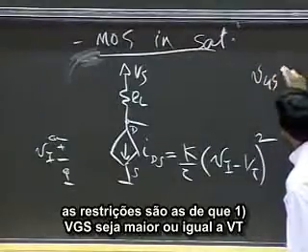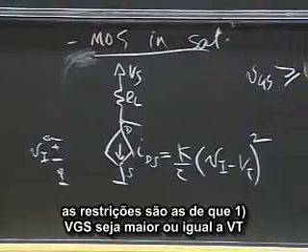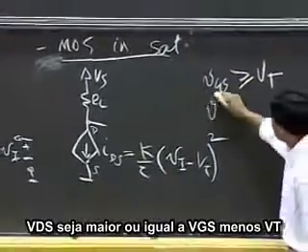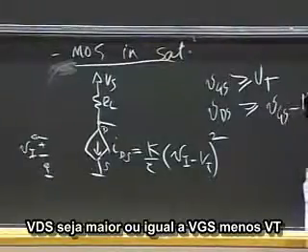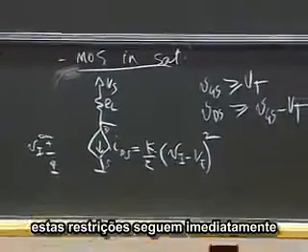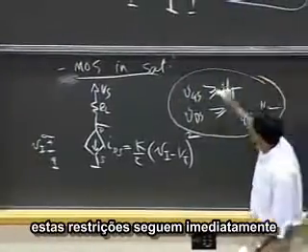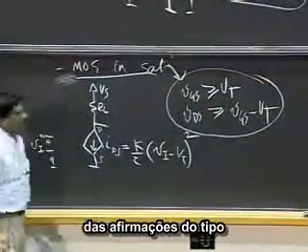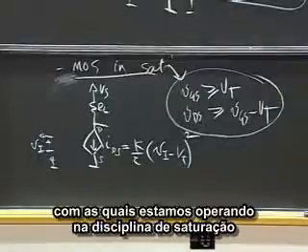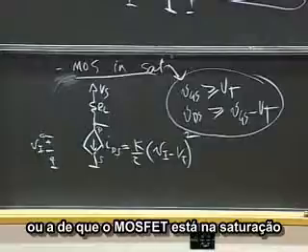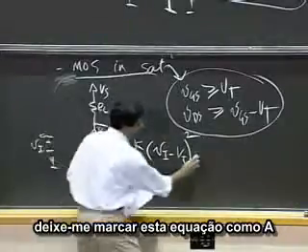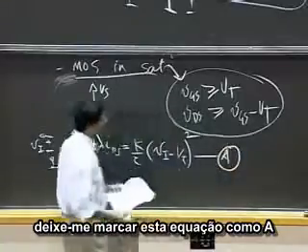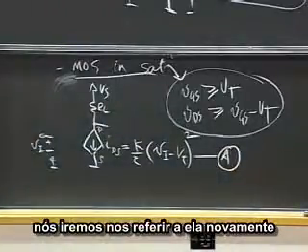So the constraints are: one, VGS is greater than or equal to VT, and two, VDS is greater than or equal to VGS minus VT. These constraints immediately follow from a statement of the type, we are operating under the saturation discipline, or the MOSFET is in saturation. Okay, let me mark this equation as A, and we will refer to it again.